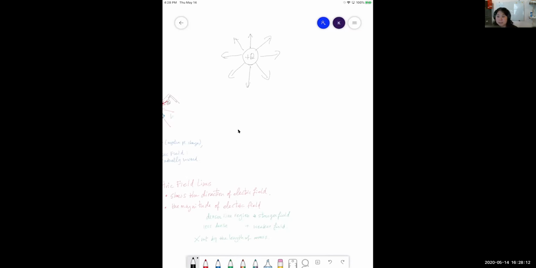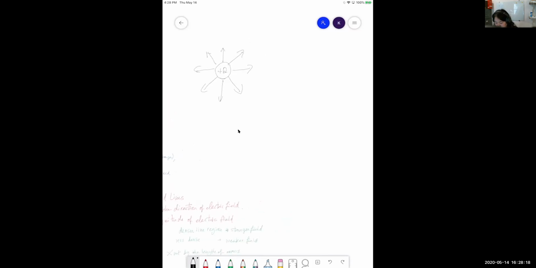So maybe 8 lines are coming out. How does the minus 2Q look if that's the case? Well, if you put a positive point charge, it's going to be attracted, right? So it's going to go this direction.